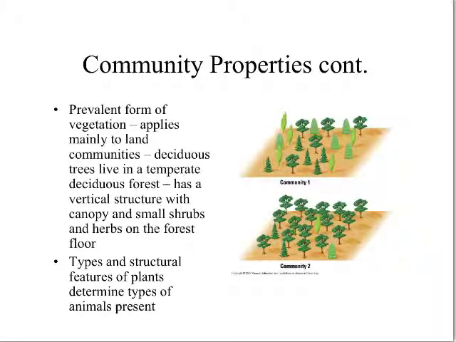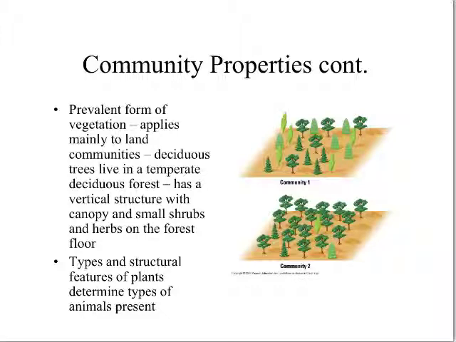The second property of a community is the prevalence of the vegetation found in that area. And this usually mainly applies to land communities. So the type and structure of different plants in the area is going to determine the type of animals that are present in that area and are able to survive.